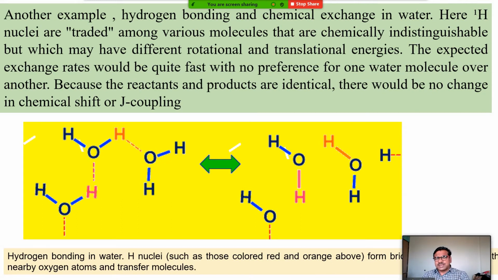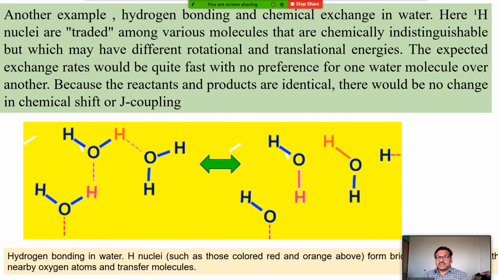If we look at another example, hydrogen bonding and chemical exchange in water. Here proton nuclei are traded among various molecules that are chemically distinguishable, but which may have different rotational and translational energies.